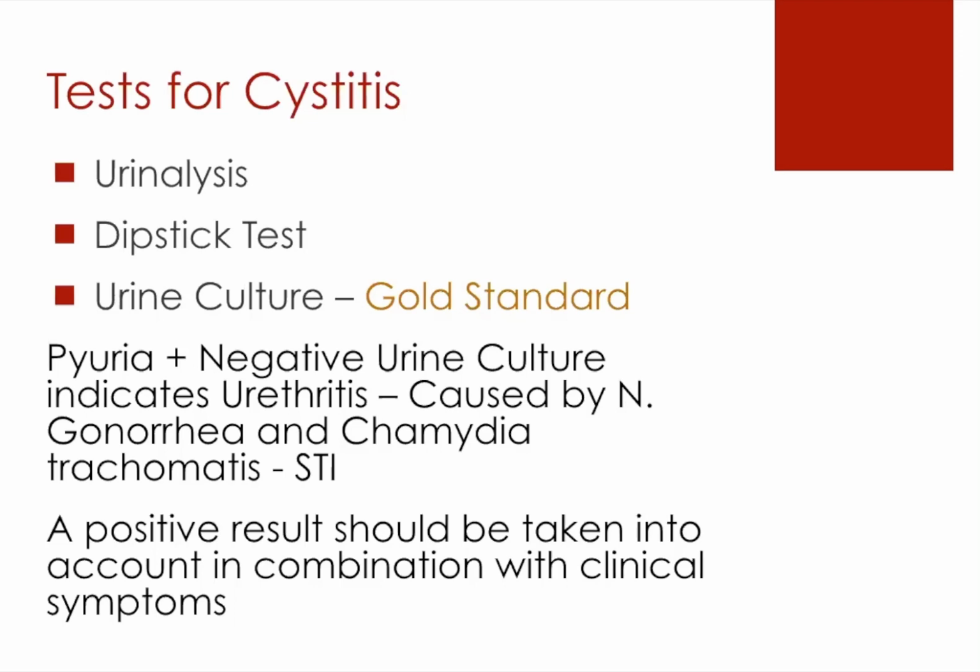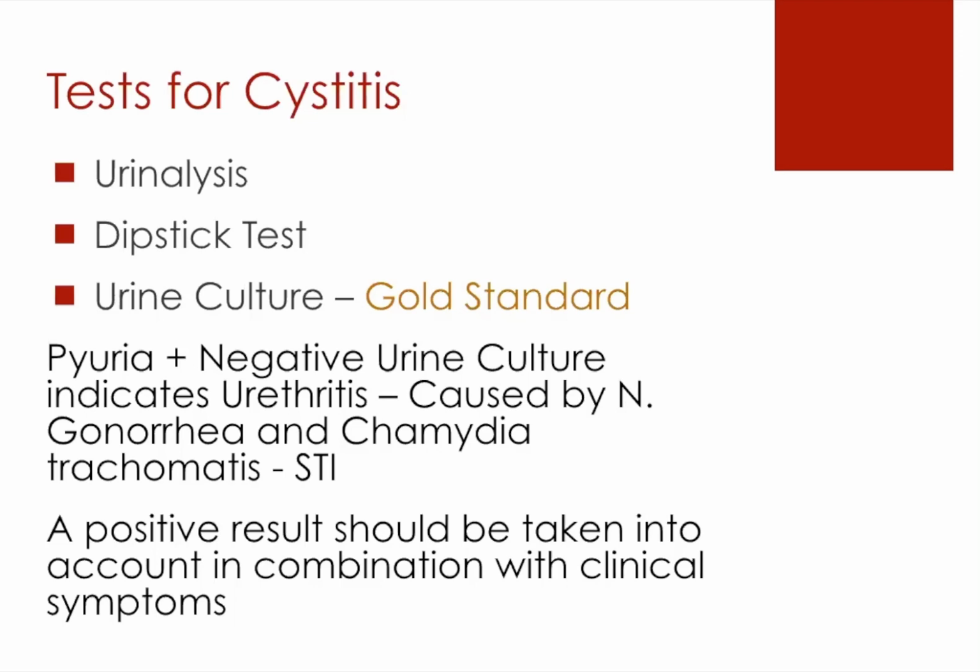One thing that you could find is that sometimes you will find a positive urinalysis. So you find loads of white blood cells in the urine, but you'll find nothing in the urine culture. This indicates urethritis. Urethritis could be caused by Neisseria gonorrhoeae or Chlamydia species, and that's when you're thinking of a sexually transmitted infection.